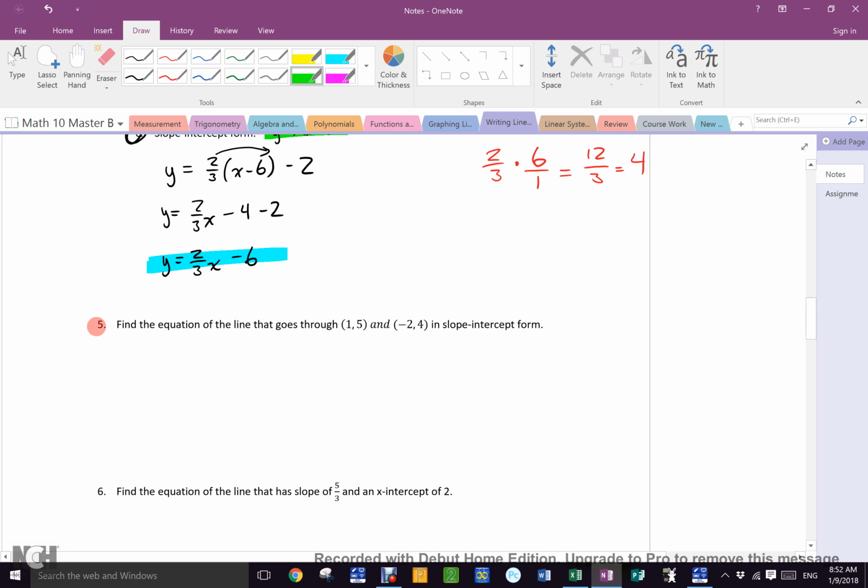All right. So, one more step further. Find the equation of the line that goes through those points, but I want it in slope-intercept form. So what do I need to do? Write it out.